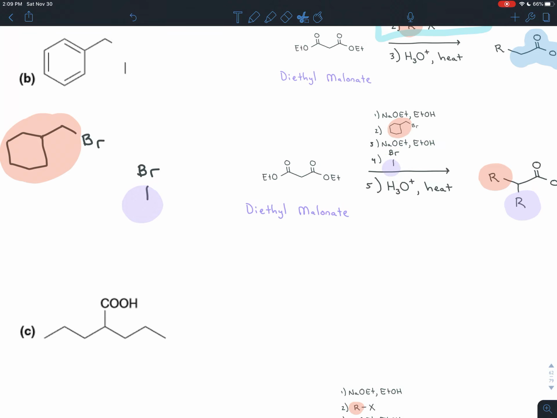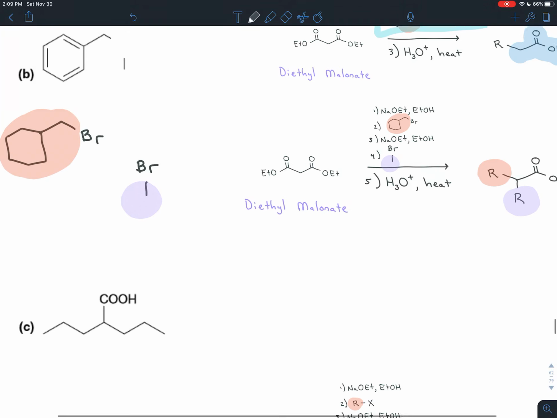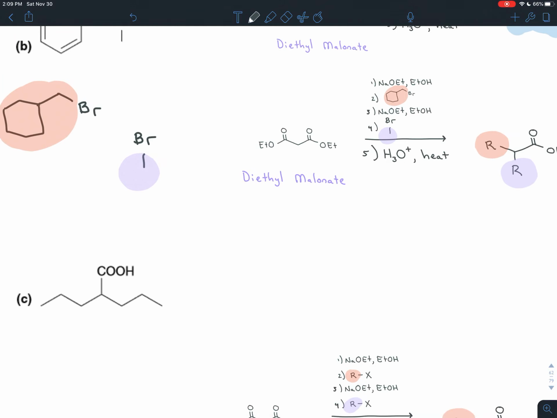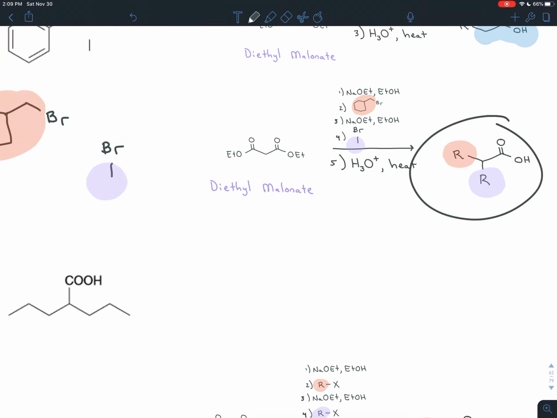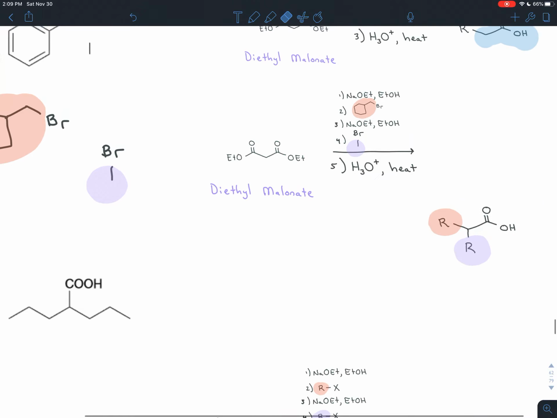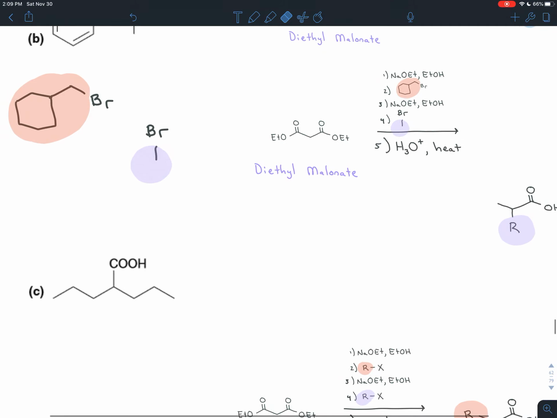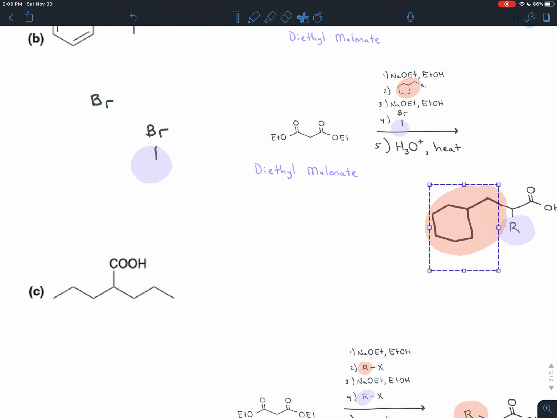And then after we do those 2 steps, we've attached our 2 carbons onto the alpha carbon. The H3O plus does the hydrolysis of the ester, turns them into carboxylic acids, and heat decarboxylates. It takes carbon dioxide off of the diethyl malonate. And so we end up with our product. Now here, the specific R groups will be the 2 R groups we have here.